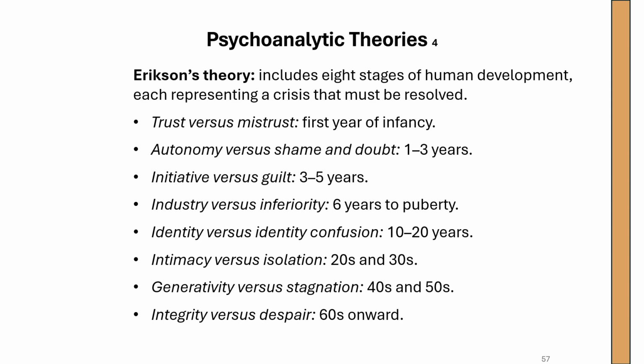Then 60s and onward with integrity versus despair, we're thinking about whether we are reflecting back on this long life with a positive thought. Are we happy? Are we thinking, oh, our contributions were good, we made good effort at different points in our lives and the results are fruitful? Or are we having conflict?